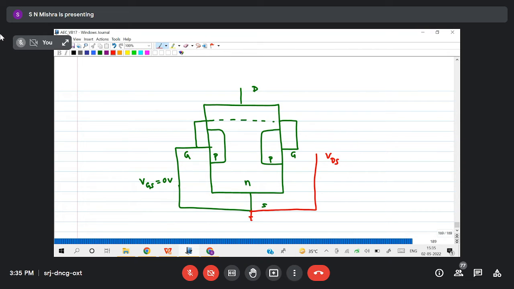That means VDS 0, VGS 0. What is my ID? Tell me. Input voltage 0, output voltage 0. Can the electrons move from source to drain if I don't apply any voltage? No, sir. So ID is also 0.